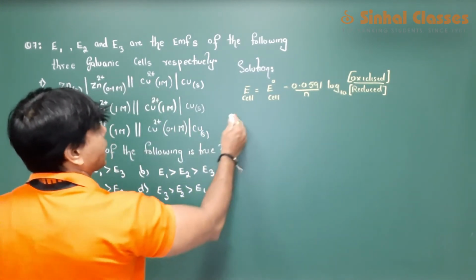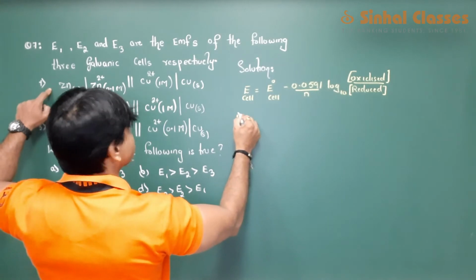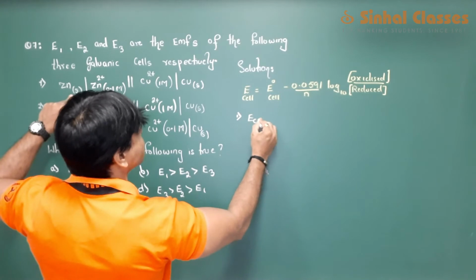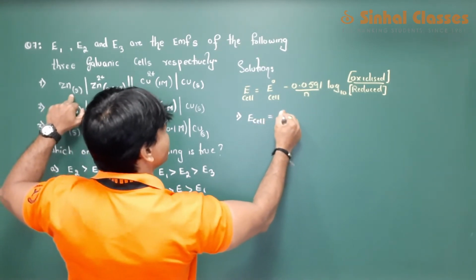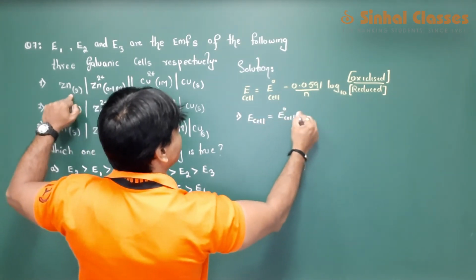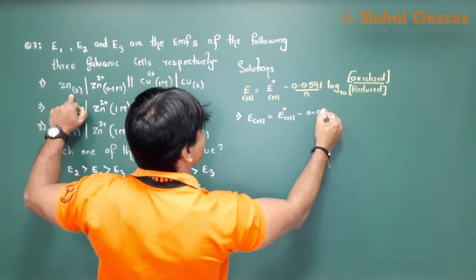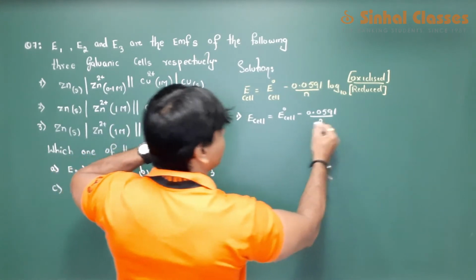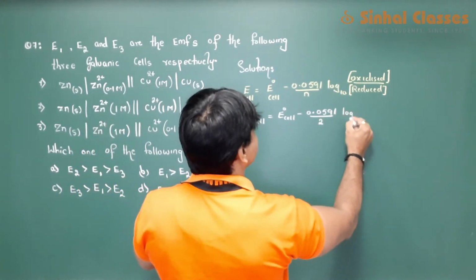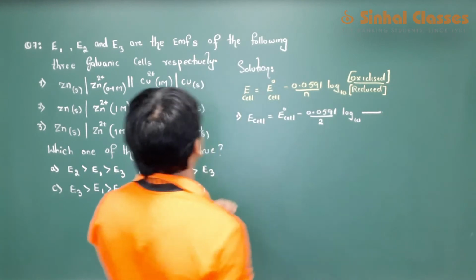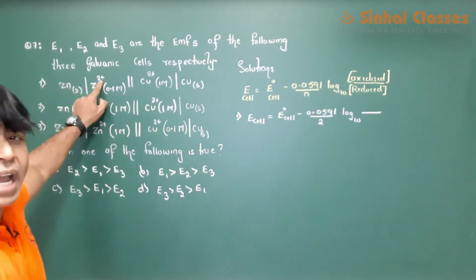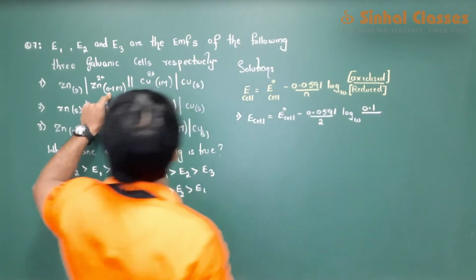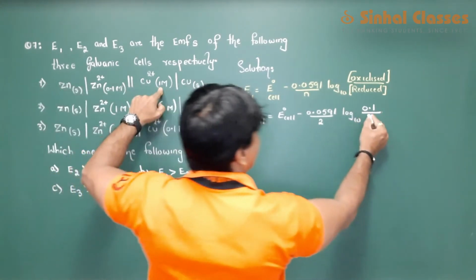Now, if I take the first option, in this case, if I take out E of the cell for the first one, it will be E naught of the cell minus 0.0591 upon number of electron is 2 log to the base 10, oxidized will be zinc ion, so I am going to take 0.1 upon reduced copper ion 1.